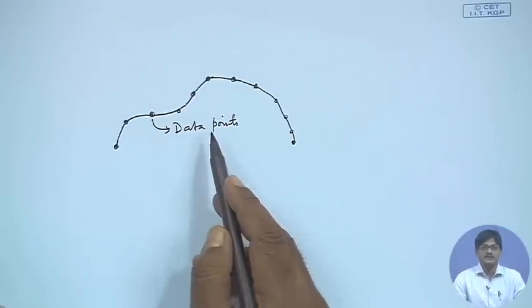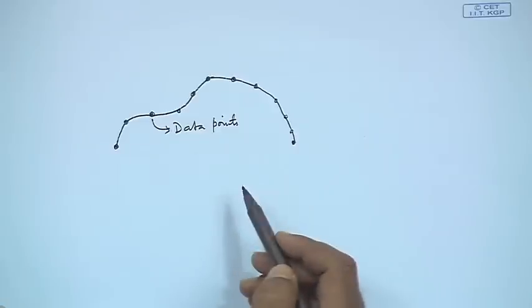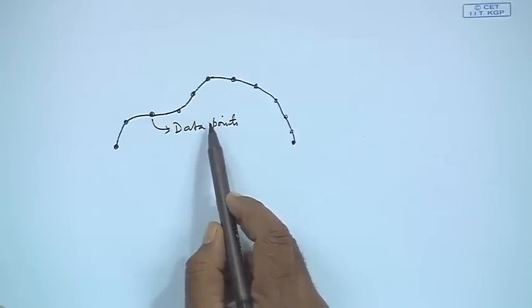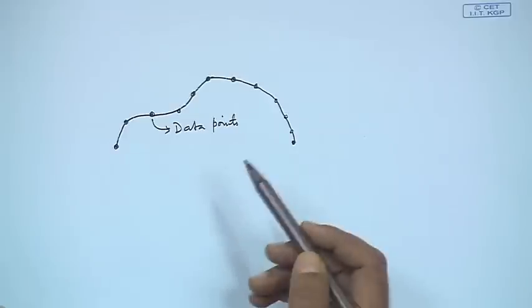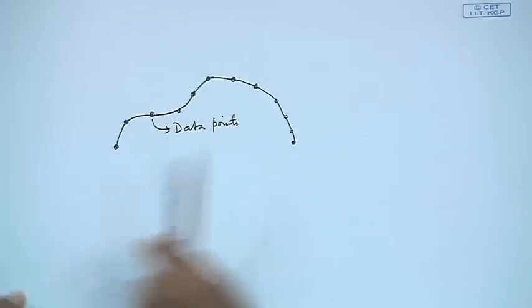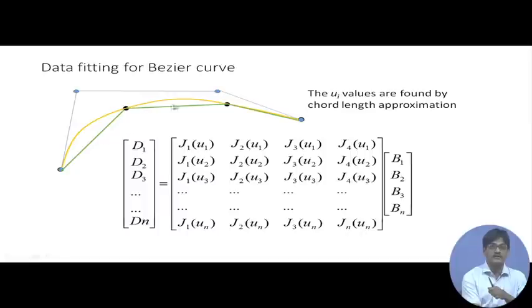If these are the data points, then how do we obtain the curve and its control points? If we do not get the control points, we do not have the curve. Let us have a quick look at how this is done. The points we have drawn on the curve are the data points.